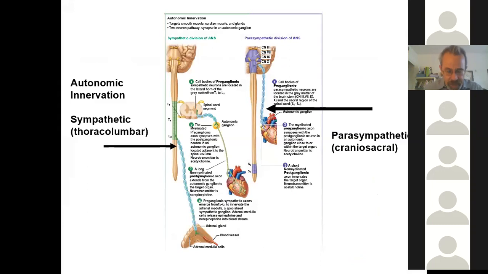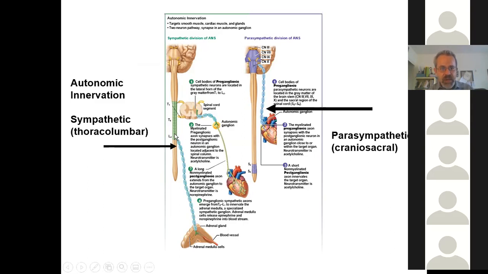Okay. So I know it's kind of a small picture, unfortunately, but hopefully I'll make it clear. We have these two branches, the sympathetic and the parasympathetic. If we have two branches, first of all, where do the nerves originate from? Well, I already mentioned from the central nervous system, but if you take a look carefully, the nerves that are part of the sympathetic pathway are found in a different part of the spinal cord than nerves that are part of the parasympathetic.